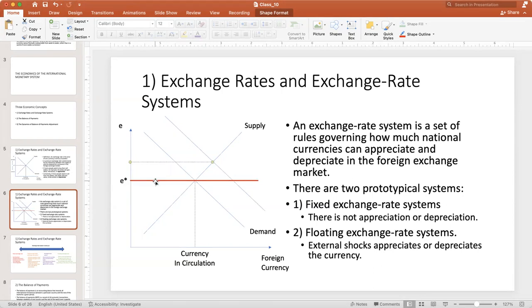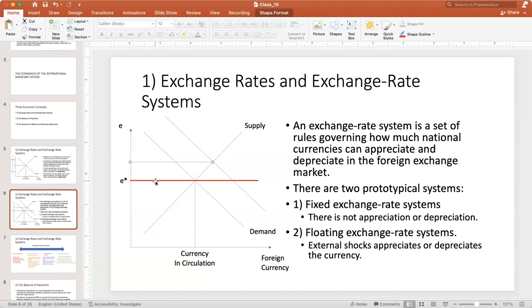Why? Because there is more demand, so dollars are scarce, and because of that, the price of the dollar in comparison to other foreign currencies should be higher, which means in the end that the dollar could buy more foreign currencies.